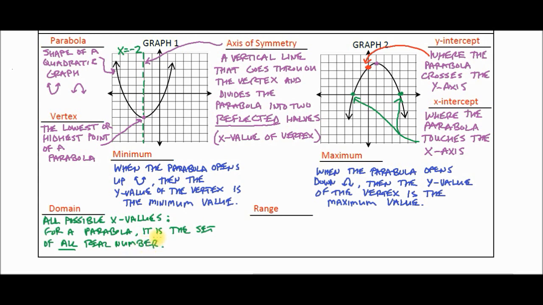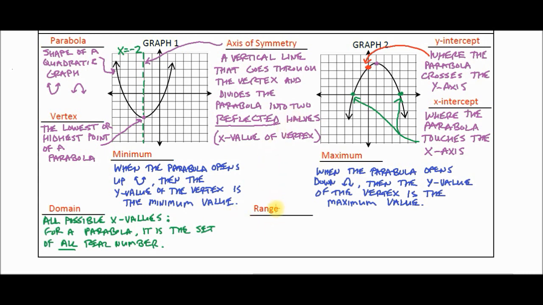No matter what kind of quadratic equation we have, our x values can be anything. Can be a billion, positive billion, negative billion, larger than that, anything. Every x value will be represented on any parabola. The bigger the parabola goes, the more you'll see the arrows just keep expanding further and further out, and they will expand out on the x-axis to infinity in both directions.